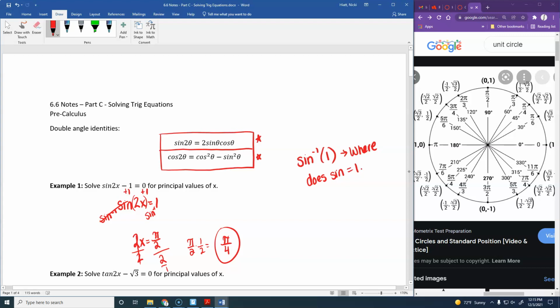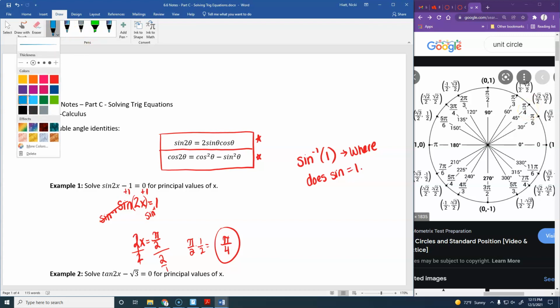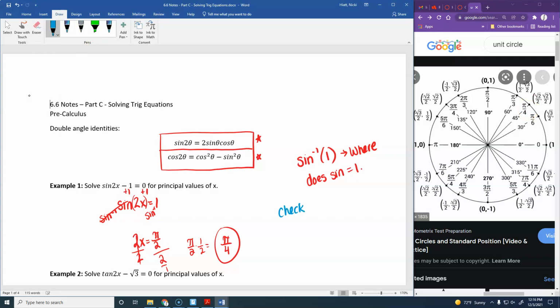So pi over 4 would be our answer here. Obviously, sine is not 1 at pi over 4, but think about what happens if you plug it back in to check. We can do sine of 2 times pi over 4 minus 1 is supposed to equal 0.